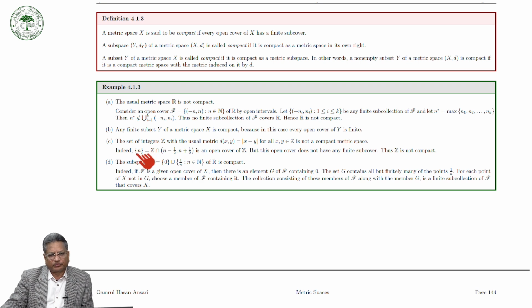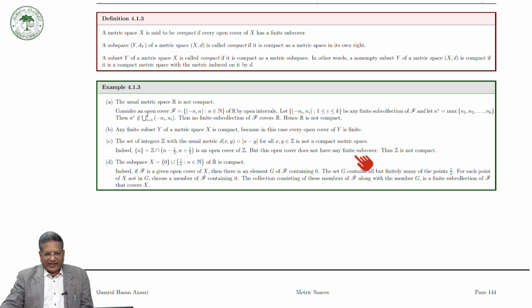This is an open set in R, and if you take the intersection of an open set in R with Z, it will be an open set in Z. So this is an open cover of Z, covering the whole of Z. But this open cover does not have any finite subcover, and therefore Z is not compact.